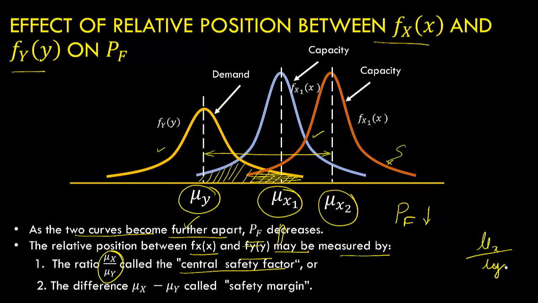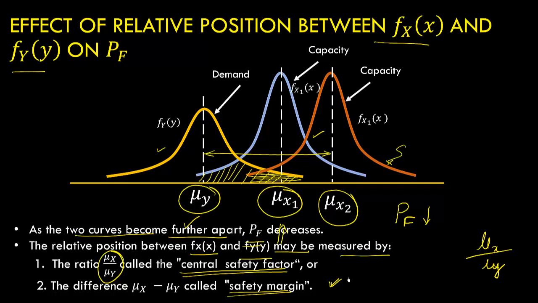Another way, we can also calculate the difference between mu x and mu y. So this is called safety margin. So either we can calculate central factor of safety or we can calculate the difference, that is safety margin.